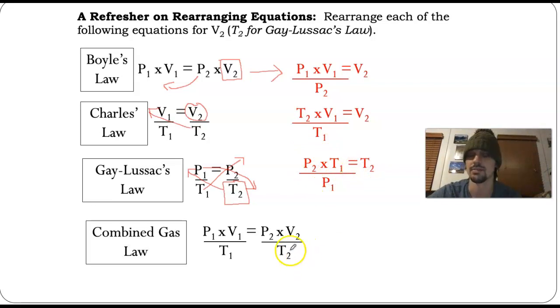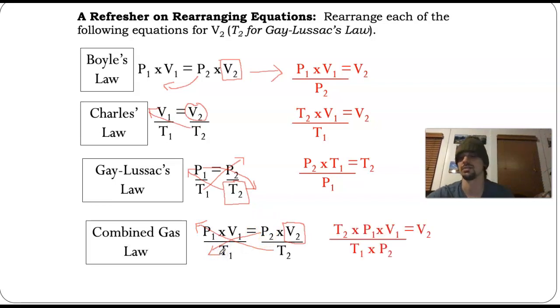Now in this case, I'm solving for V2. It's on the top, so I don't need to worry about any extra cross multiplying, and I'm just moving everything away from V2. So I move T2 up here and P2 down here. Okay. When I do that, there's my new equation.